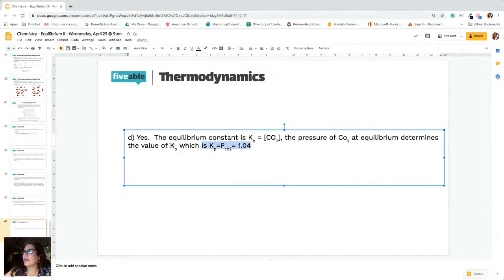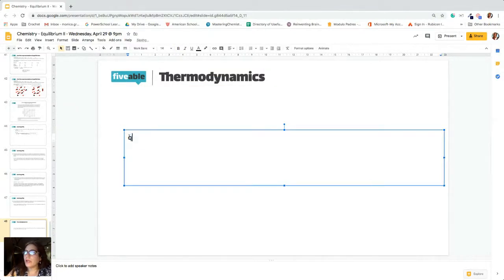The Q will equal to MC delta T. Well, I'm going to write delta, but you know that it's the triangle. Correct. M is for the mass, and C would be the specific heat.